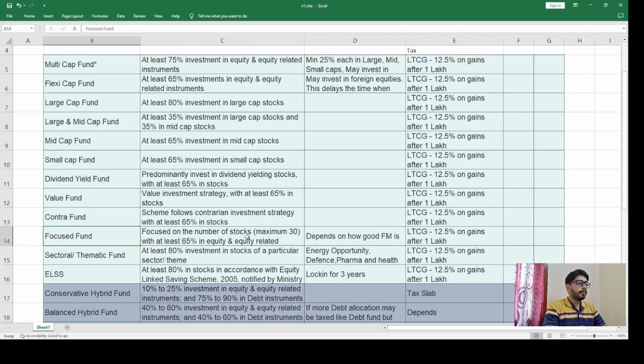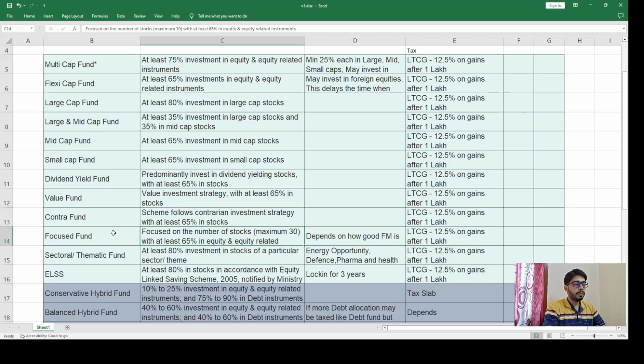Okay, focus fund. This is kind of an alternative for Flexicap or Multicap fund because the fund manager has an option to go in equity 65% in any size of the company or the business. Here, the only thing is that a maximum of 30 stocks has to be taken up.